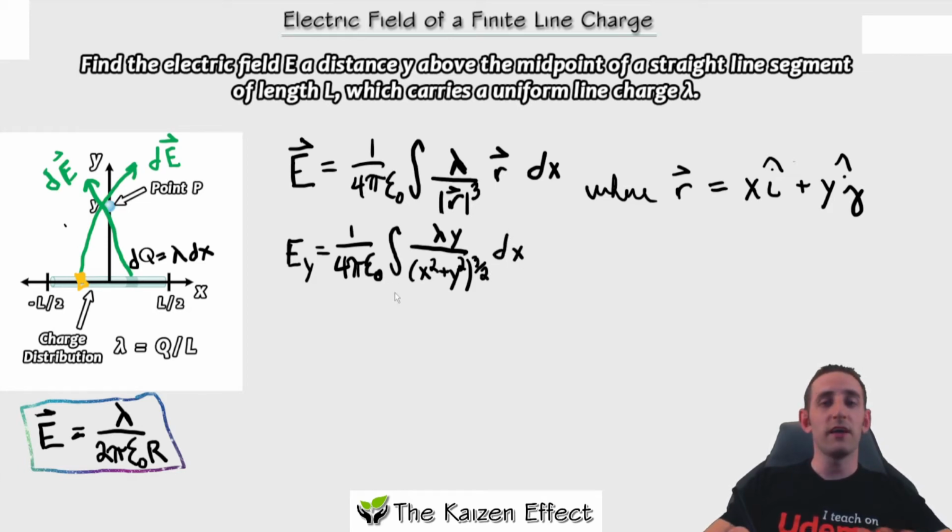And again, I'm not going to use symmetry. I'm going to do it the good old-fashioned way for you guys. It's going to go from negative L over 2 to L over 2. Again, you could go from 0 to L over 2, basically this half, and multiply everything by 2. I am not going to take that approach here, okay?